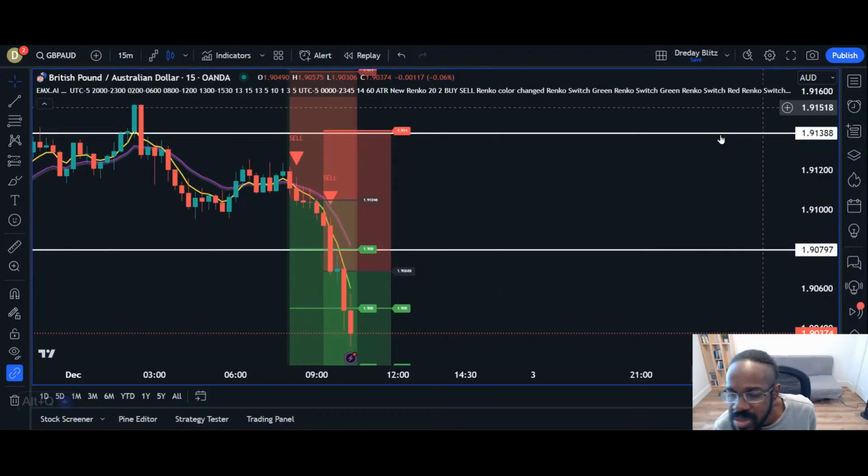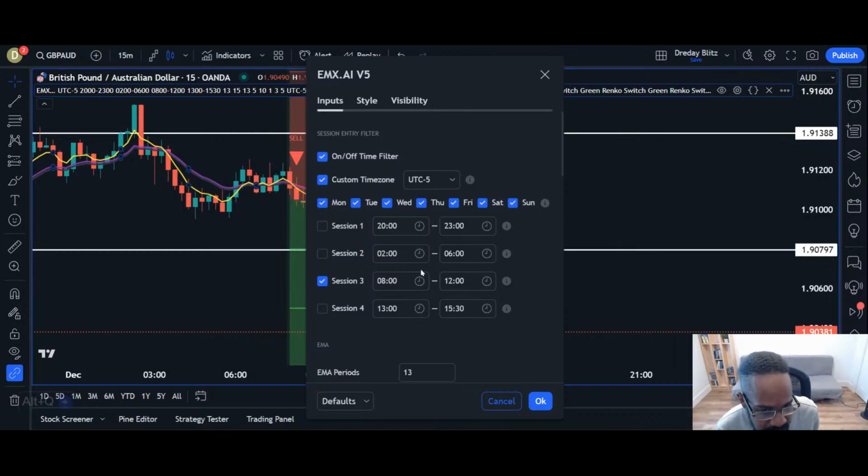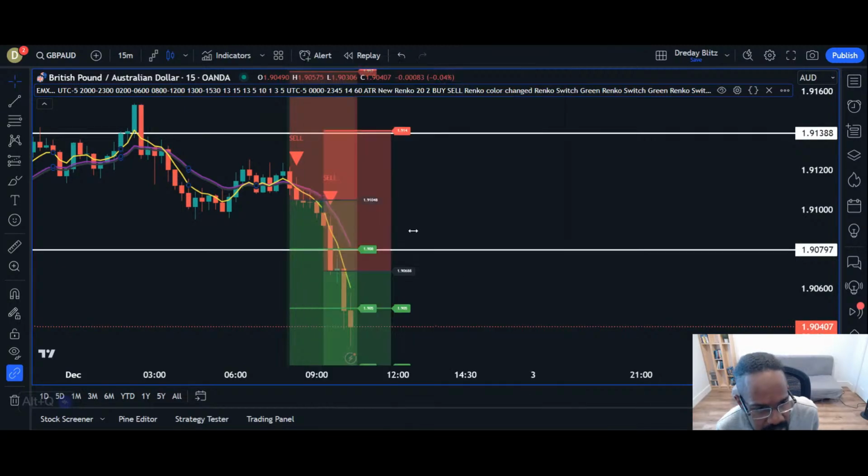We'll look into it here in a couple of minutes. So let's look at the GBPAUD. So GBPAUD is here. Those are the best times to trade GBPAUD: the Australian dollar session and the London session.